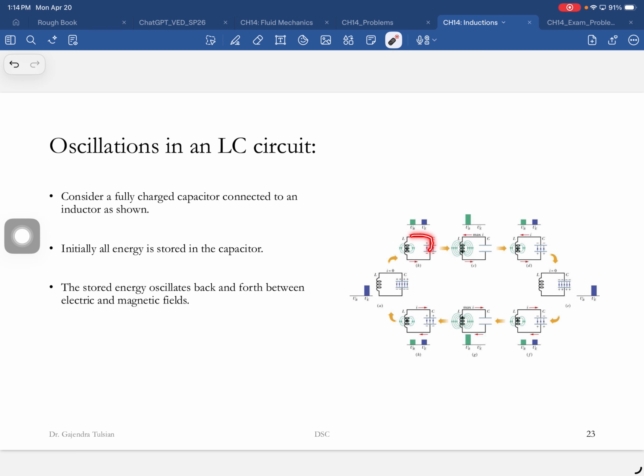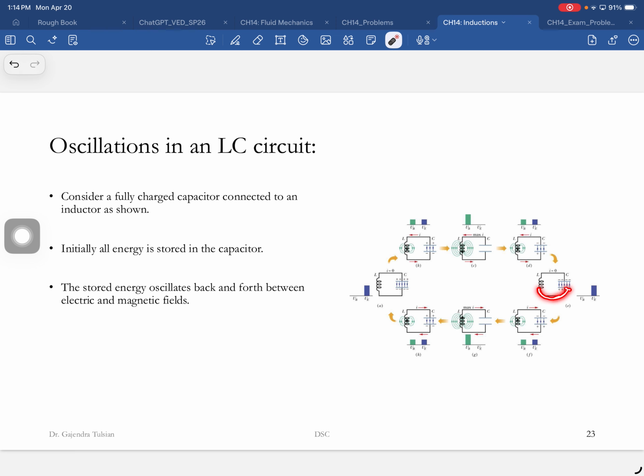So as current is flowing through, energy is being stored in magnetic fields. And eventually this capacitor is completely discharged. All of the energy is stored in the magnetic field. And then this magnetic field will drive a current through here and charge the capacitor. And eventually it will transfer all its energy to the capacitor. And then back and forth.